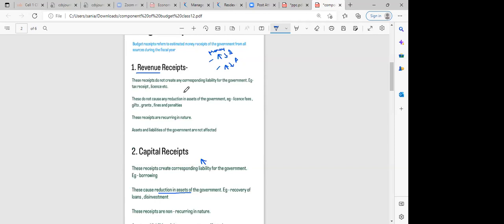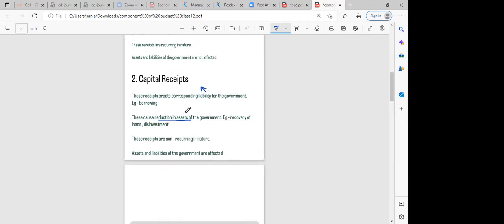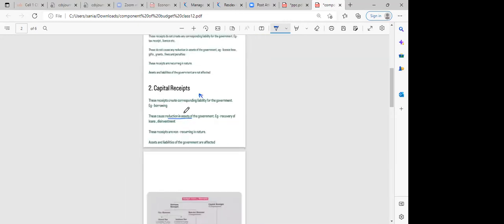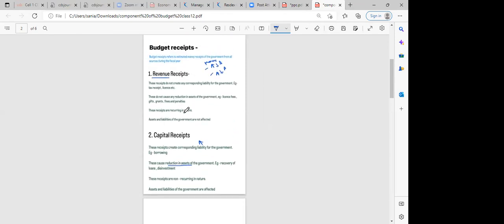In revenue, you are getting money like someone is gifting you something. But over here, either you are selling your product, selling your assets, or you are borrowing money from somewhere else. Clear? Yes, teacher. Okay, so this was the basic difference between revenue and capital receipt. Just write it down.